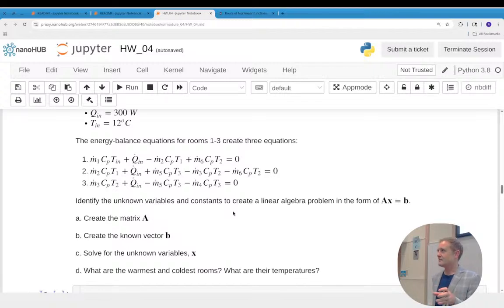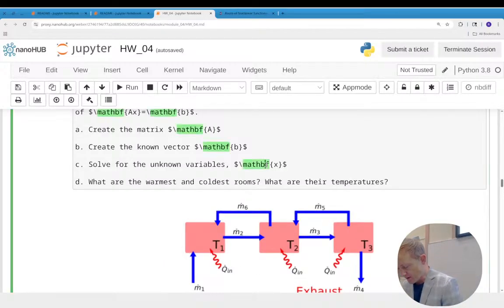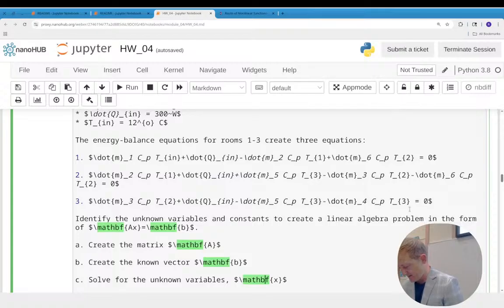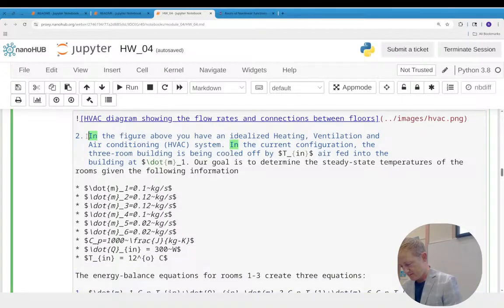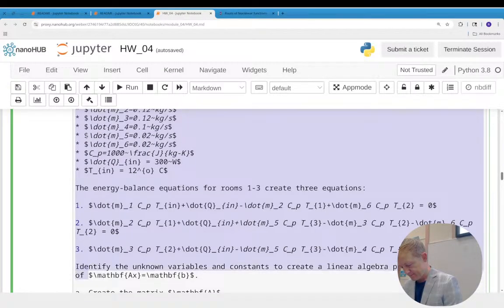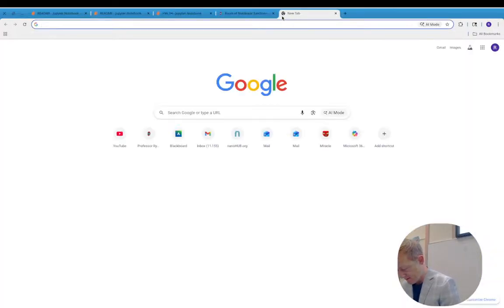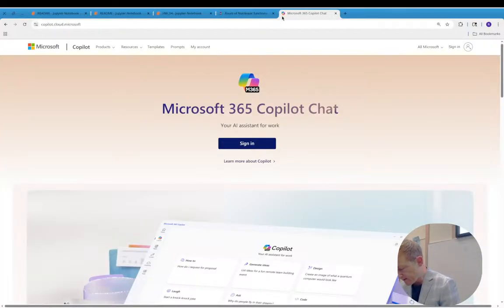Of like, build me a NumPy array from this set of equations. It's always best to grab either the HTML or in this case the Markdown. I'm going to copy all that, go into Copilot, haven't been in here for a while.